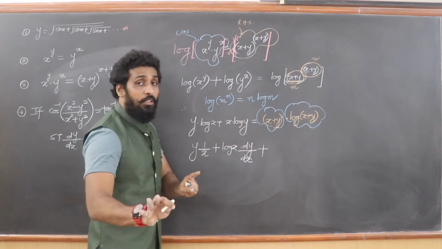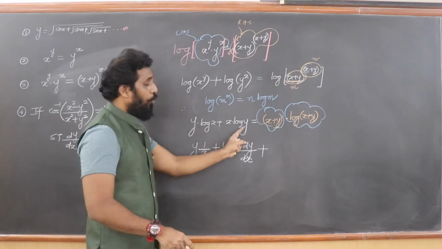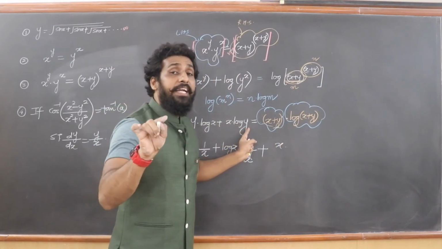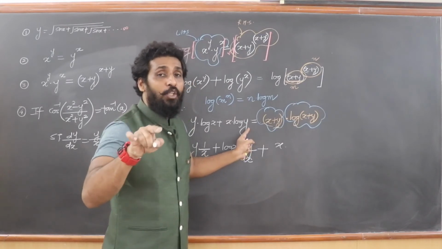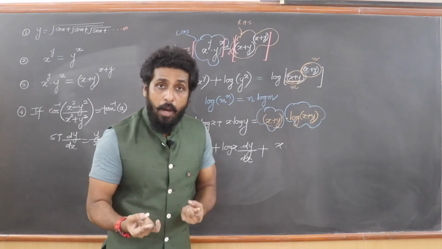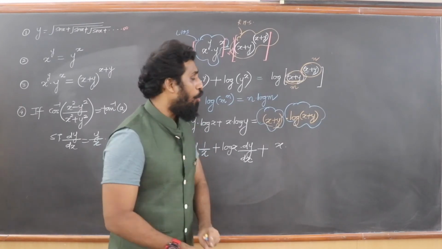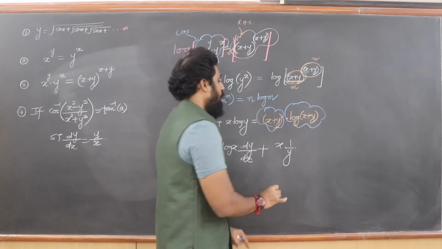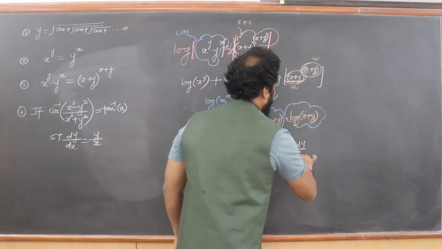Log y, not a constant, again it contains x, again u into v rule. X as it is, derivative of log y, you are treating y like x, that means you are actually reading log y as log x. What is derivative of log x? 1 upon x. What will be derivative of log y? 1 upon y, but since it is a term of y, you will write dy by dx.